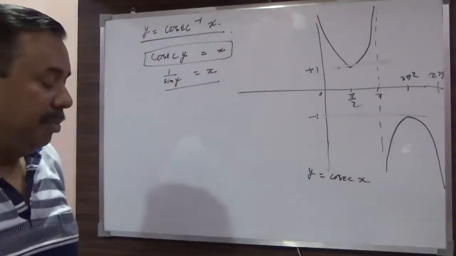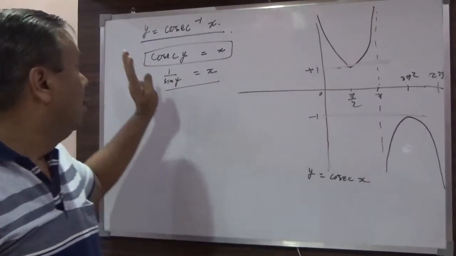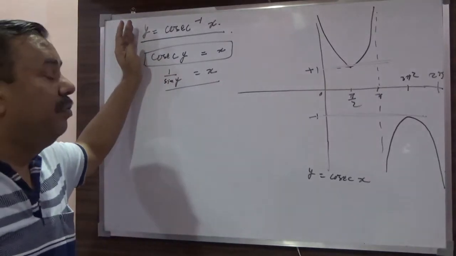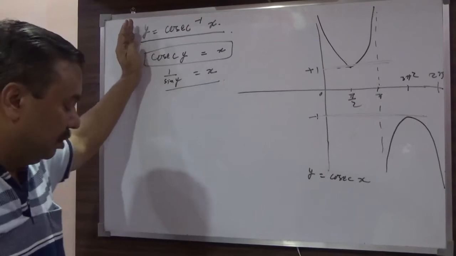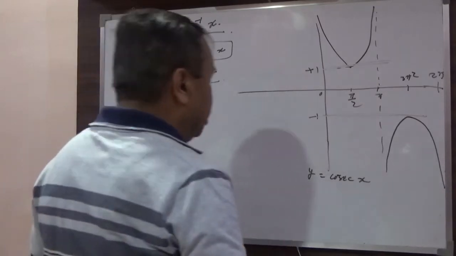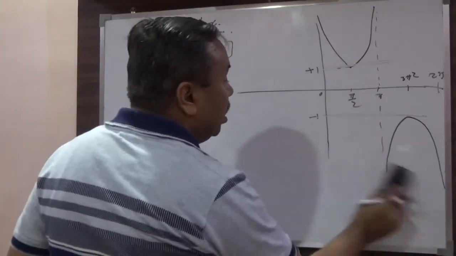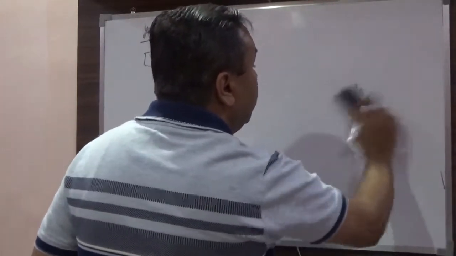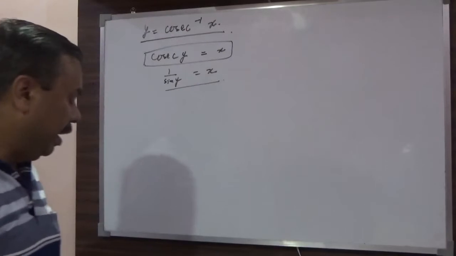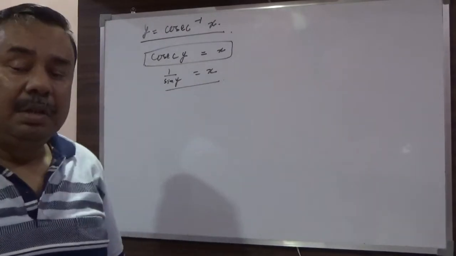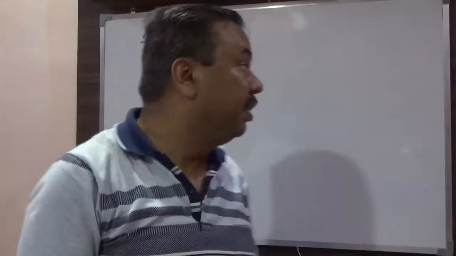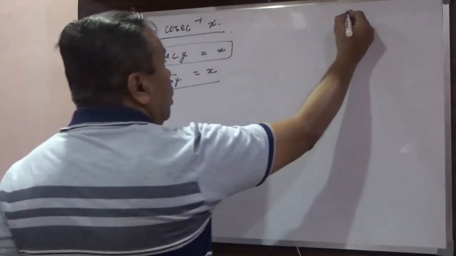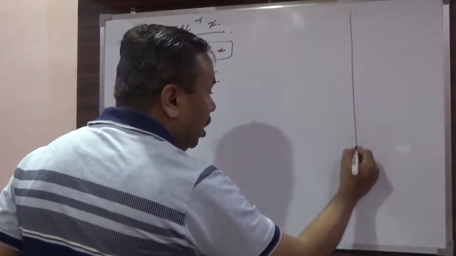Same thing I will be using when I am making the graph of the inverse function. Now I am making the graph for cosec inverse x, and the graph will make it clear what the range and the domain of the function should be.